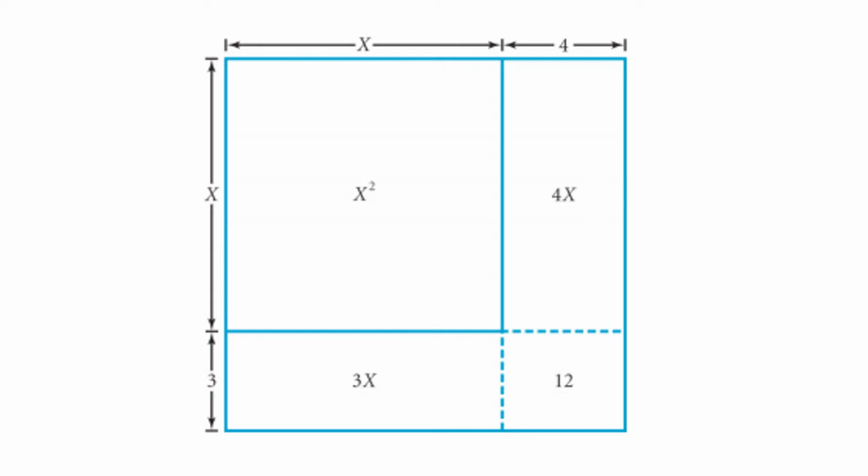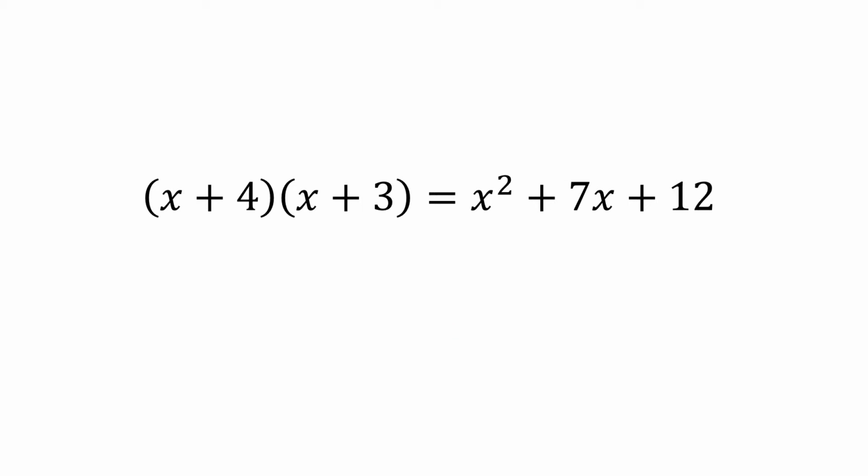And now here's the critical piece that might seem obvious. What we're showing is that (x plus 4) times (x plus 3) is the same as x squared plus 7x plus 12. To think about this using an example we already know with numbers, if we had a rectangle that was, say, 9 by 4, well, we could just call that 36.